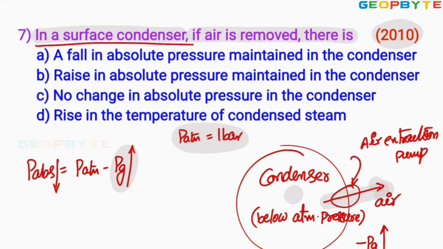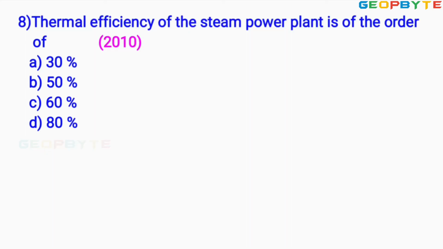In a surface condenser, if air is removed, definitely the absolute pressure decreases. So look at the options. A fall in absolute pressure maintained in the condenser, absolutely correct. So the absolute pressure is decreasing because of the air removal from the surface condenser or any condenser. I hope you got my point. Let us go for the next problem.